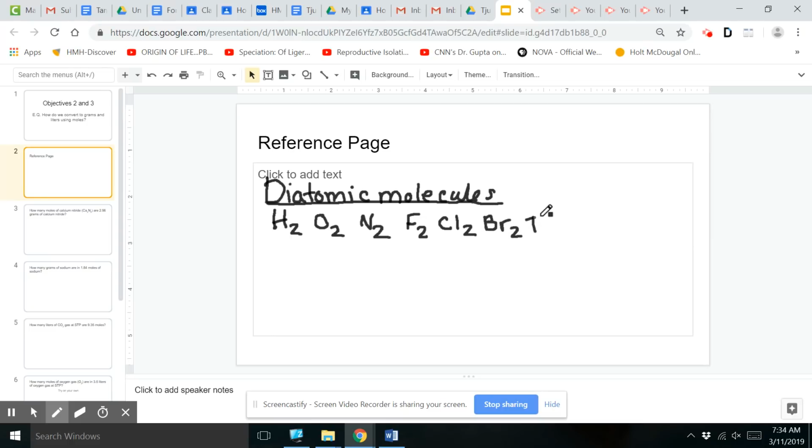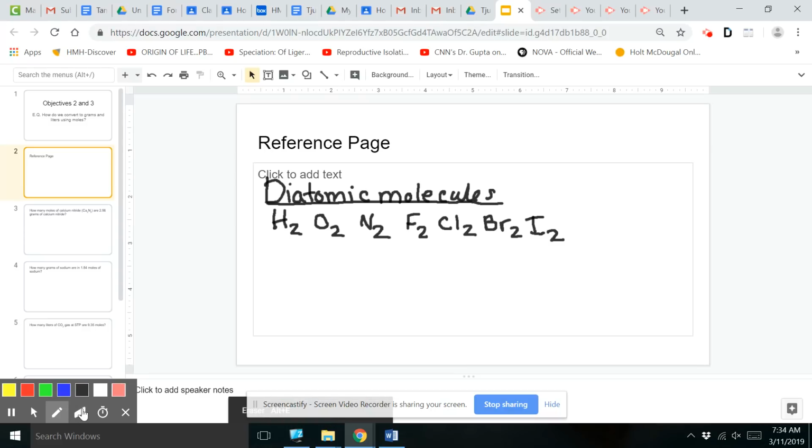For this unit, we'll make sure we give those formulas to you, but as we get further, you're going to have to start to memorize those. They're pretty easy. We also call them the Hon7, so those should be really easy to remember. So make sure you have that on the reference page.